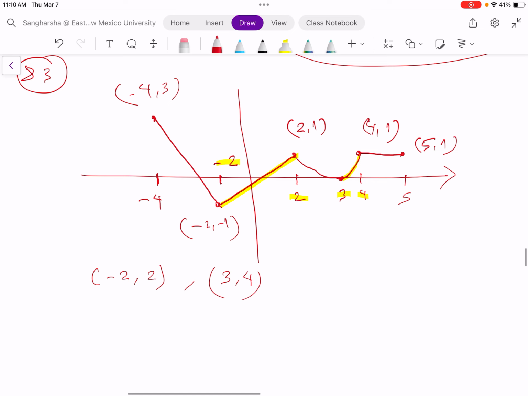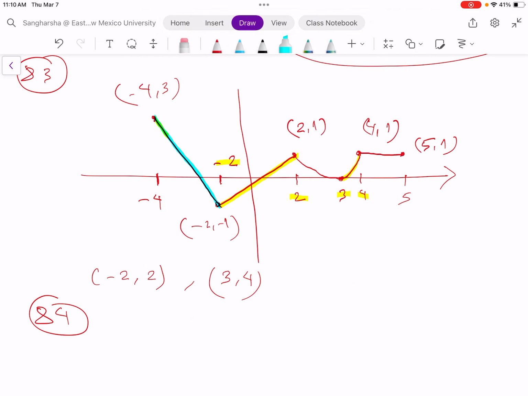Now for 84, we are answering on the basis of the same graph. Find the interval where the function is decreasing. What is the very first interval where the function is decreasing? Negative 4 to negative 2. This portion of the graph is falling down, and if it's falling down, the function is decreasing.